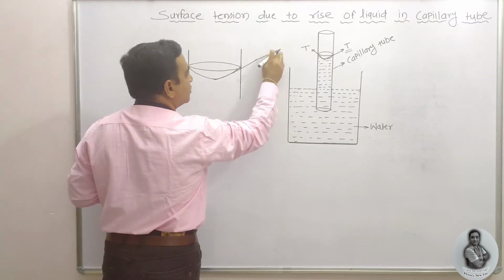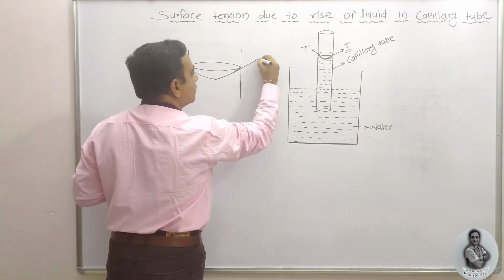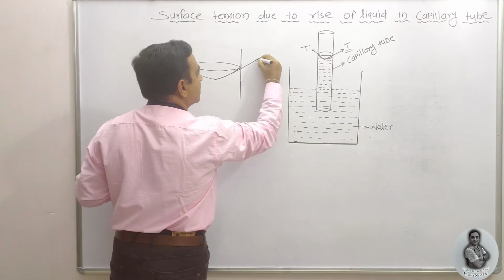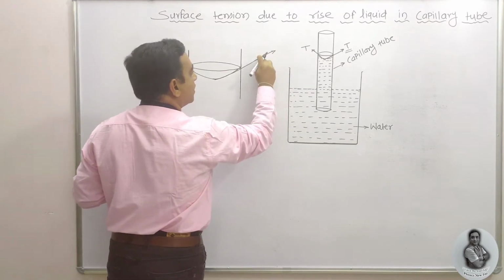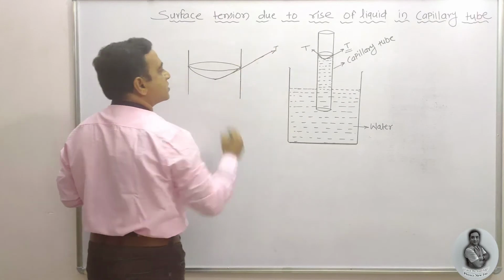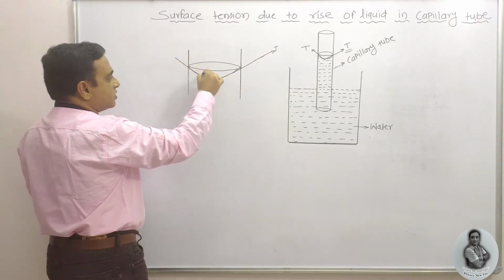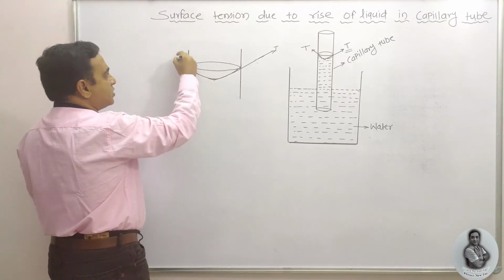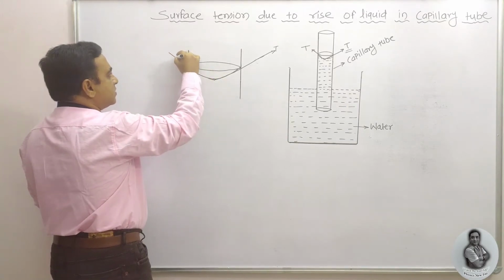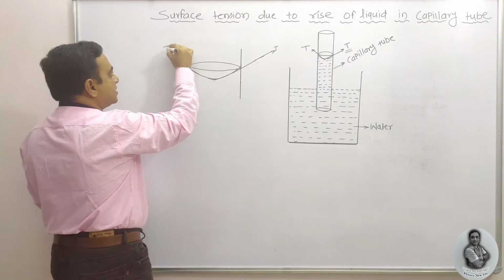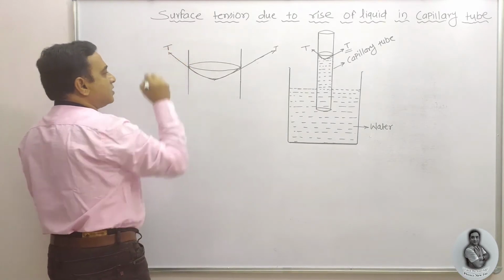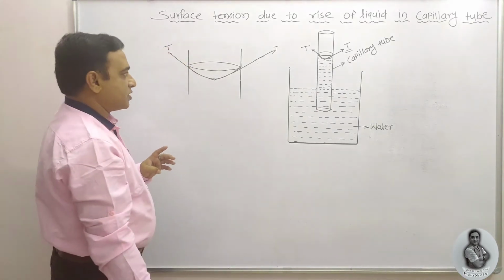This is the force due to surface tension T. Similarly, a force due to surface tension to this side, which I have drawn tangentially. This is the tangent I have drawn, indicating the direction of force of surface tension.